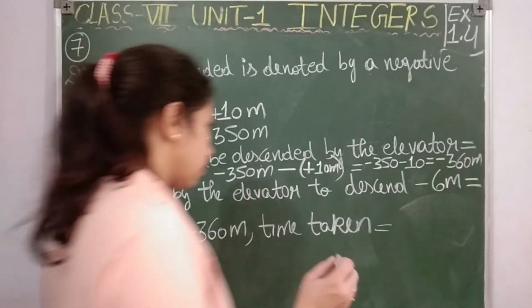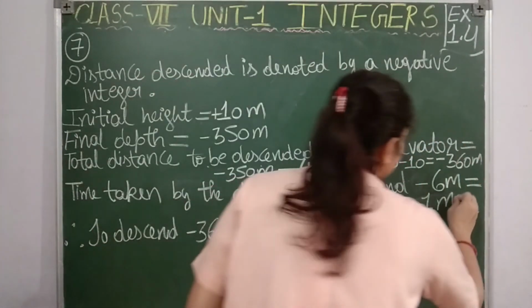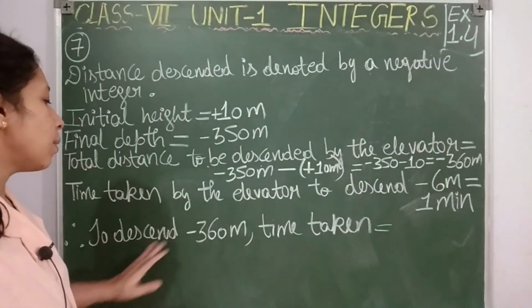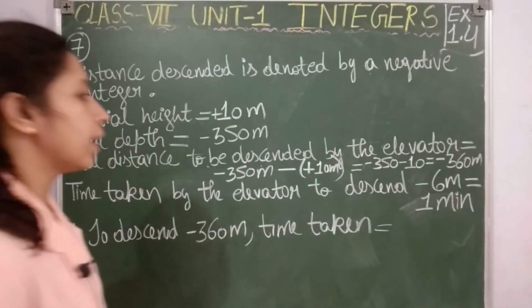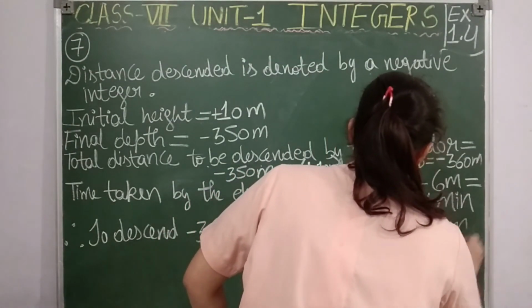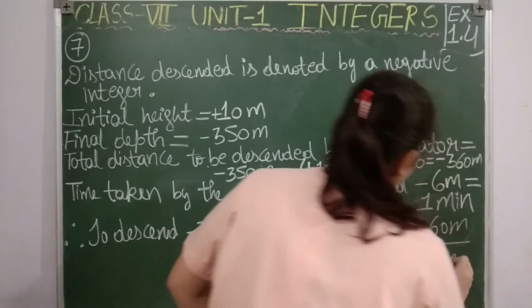Okay, then time taken by the elevator to descend minus 6 meters. So the time is 1 minute. Then therefore to descend minus 360 meters, time taken is minus 360 meters divided by minus 6 meter.